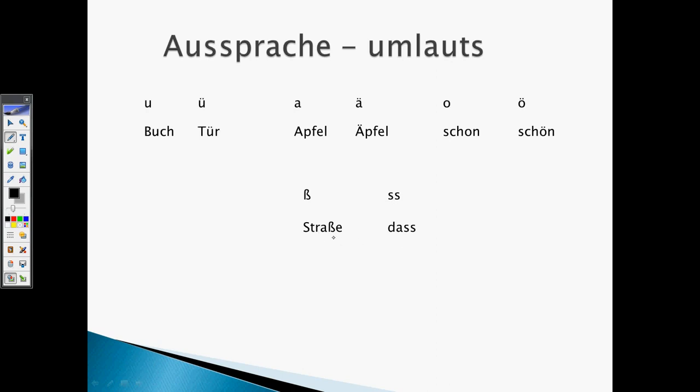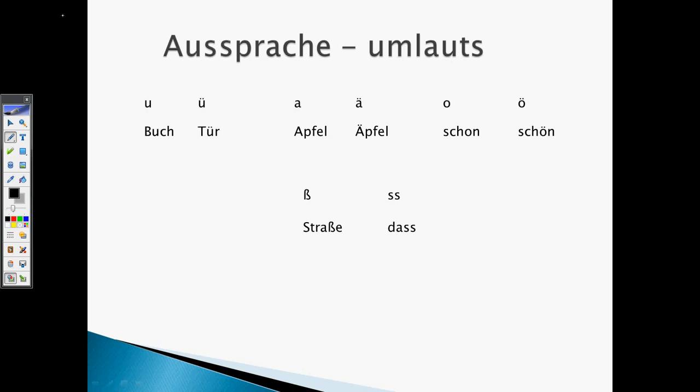So here's a long A vowel sound. Straße, die Straße, the street, versus das, or that. Gut. So those are your umlauted vowels. Ü, Tür, Äpfel, Ö, schön, and then the SZ, Straße.